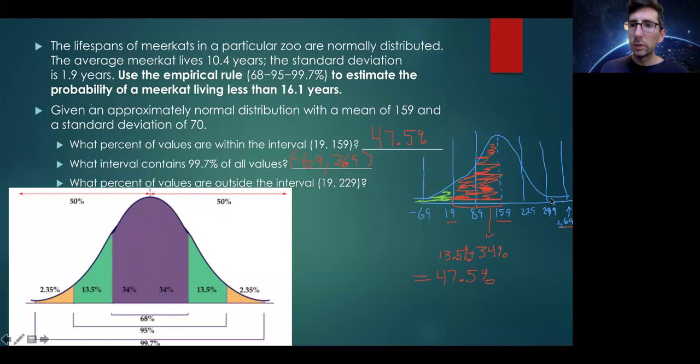Here's 229, so outside of 229 would be everything above 229. And we could do this, right? We could calculate the percentage here from 2 standard deviations to 3 standard deviations. That's 2.35. We know there's 0.15% here.